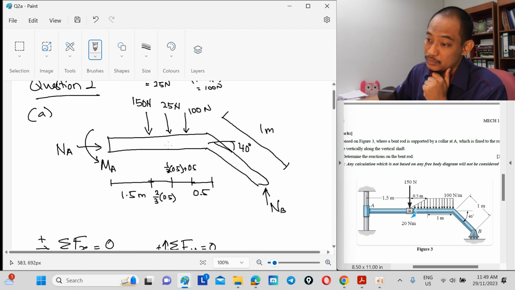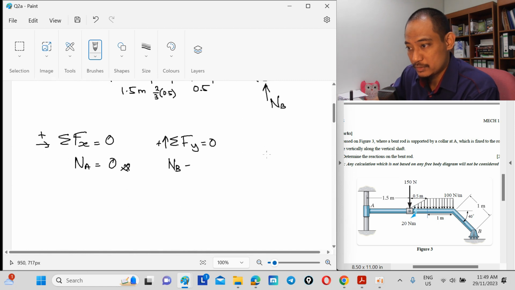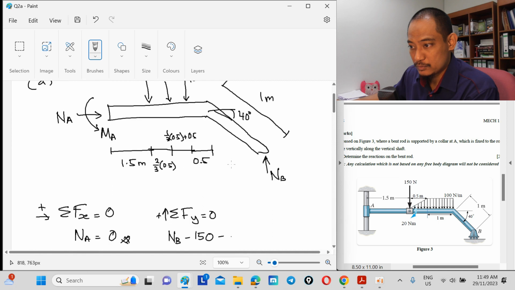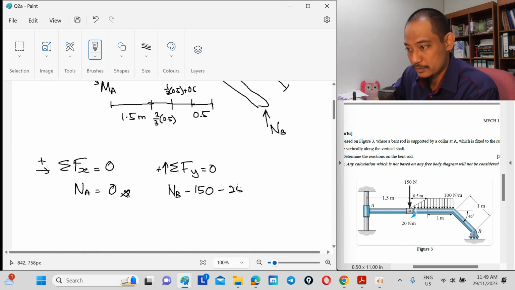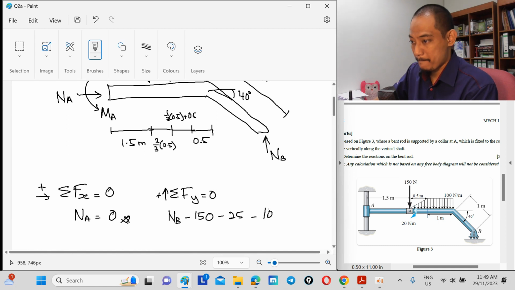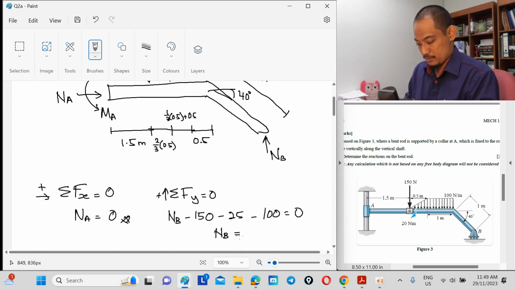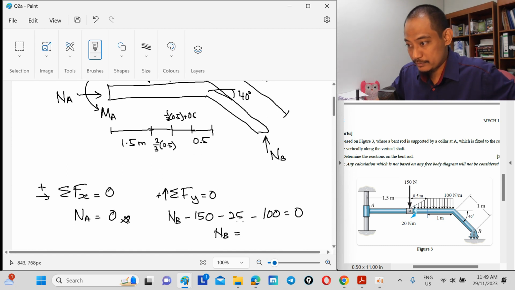So we have NB minus 150 minus 25 minus 100 equal to 0, and NB equal to 150 plus 25 plus 100, which is 275.